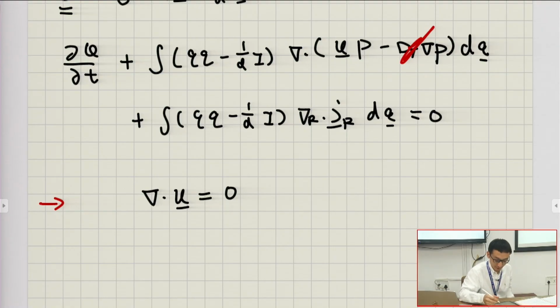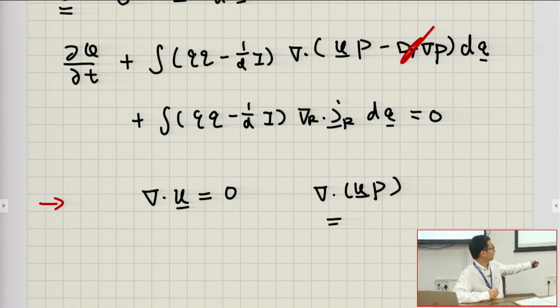So then gradient dot UP, you distribute the derivative. This guy is zero. Then you're left with U dot grad P. U and grad have nothing to do with the orientational integral, so you just integrate QQ minus this I times P. And what do you get from that? The nematic.